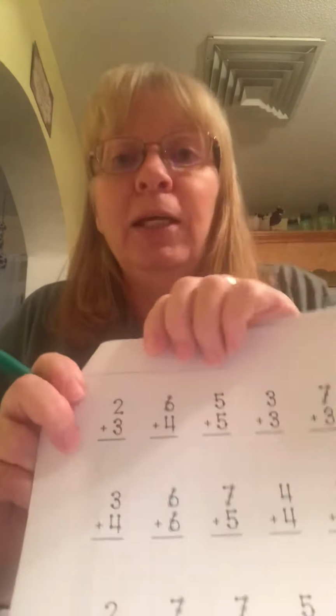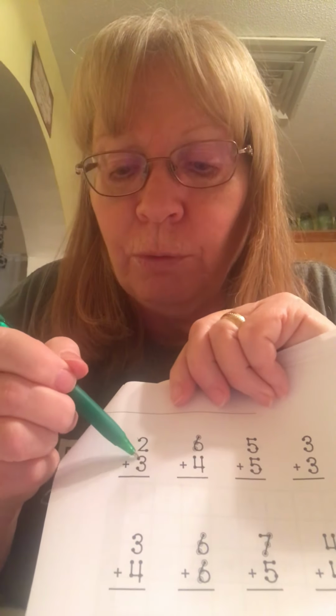Okay, all right, then we have one other page. We're going to do page 8, and just like before, we're going to add these up, and we're going to count our dots. Okay, so 2 plus 3, 1, 2, 3, 4, 5. 5 goes underneath. And I'm going to skip around.